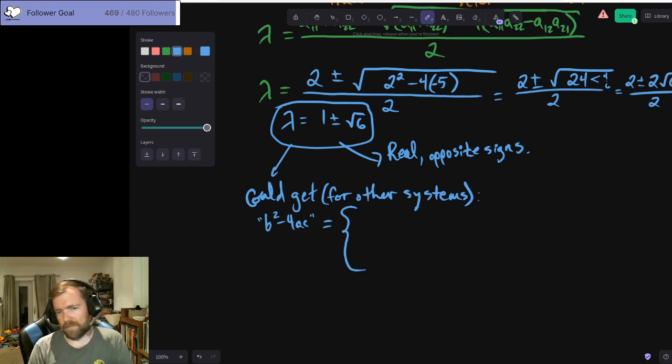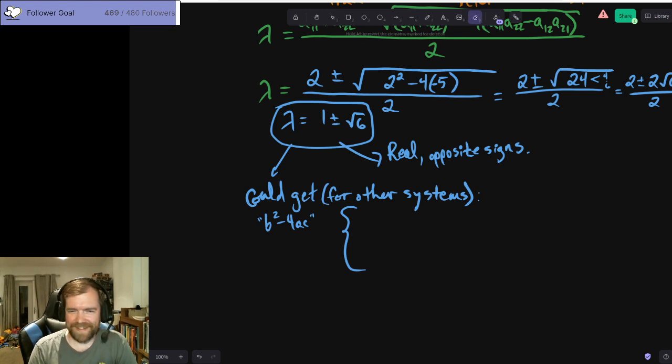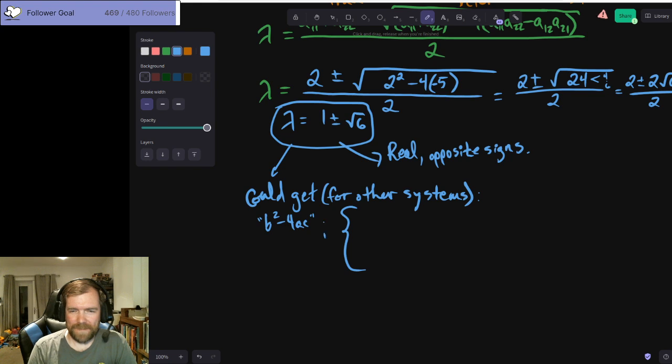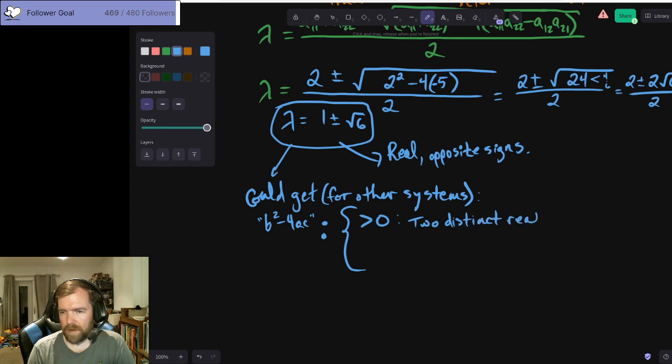So we could get, shouldn't even put equals, but whatever. Right, we get the ones that are greater than 0. We end up with two distinct real eigenvalues.